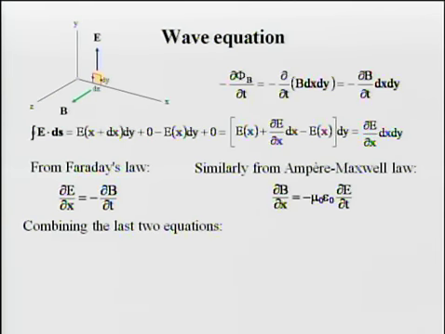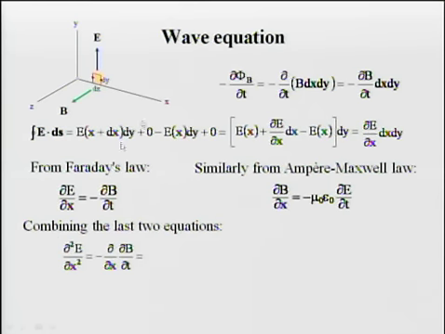Now I can combine those two equations together. Now how can I do it? Well, here I have derivative of a magnetic field with respect to time. Here I have derivative with respect to position. So if I calculate derivative of both sides here with respect to position and over here with respect to time, on the left, here I will have derivative of magnetic field with respect to position and time, and here I'm going to have derivative of magnetic field with respect to position and time, which means that after I combine those, and actually I'm doing this entire analysis here.